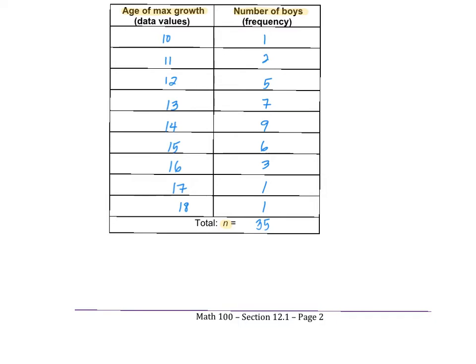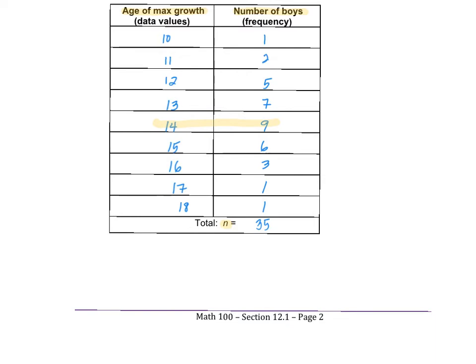For just a second, when we look at this previous example, now that it's organized, I can see that at the age of 14, for this particular sample, that's when most of these boys had their maximum growth. So maybe we can think, oh, maybe 14 is the magic number. Well, this was a very small sample size. There were only 35 boys.